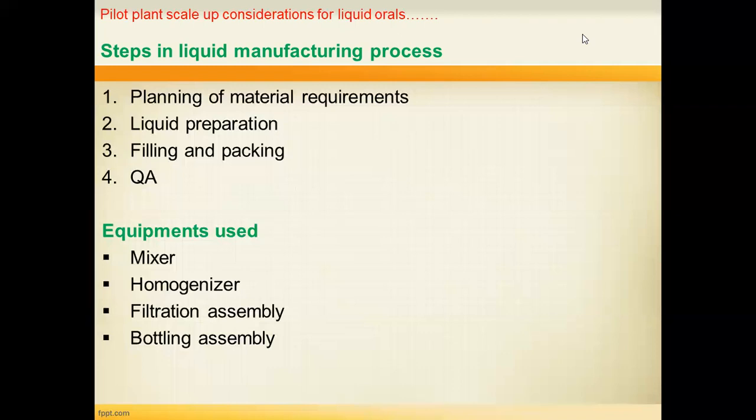So you decide the mixing speed and select the equipment according to the batch size. You can use various mesh sizes for screening of the particles, add the suspending agents, and disperse the particles in the dispersion medium.